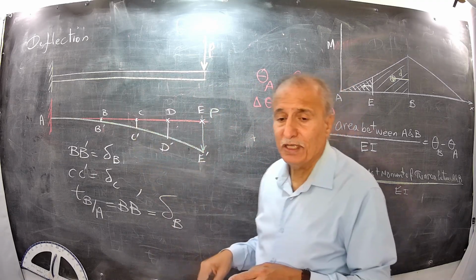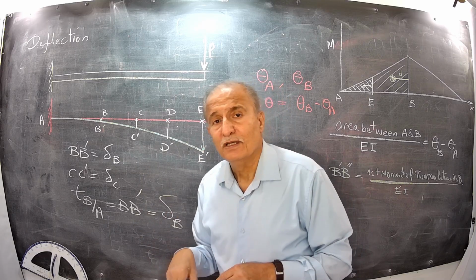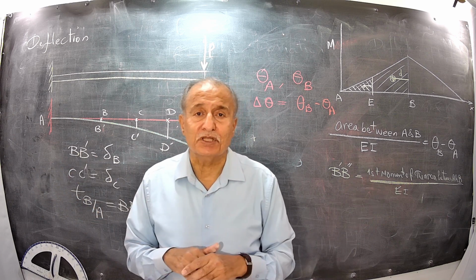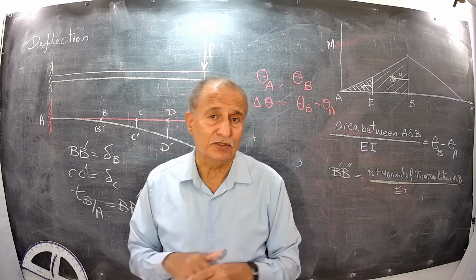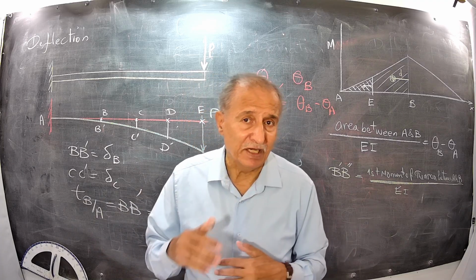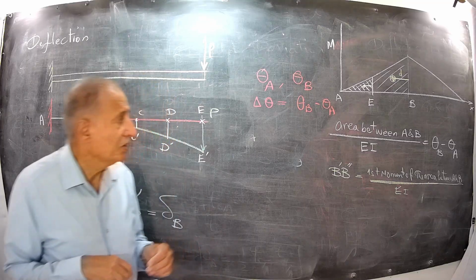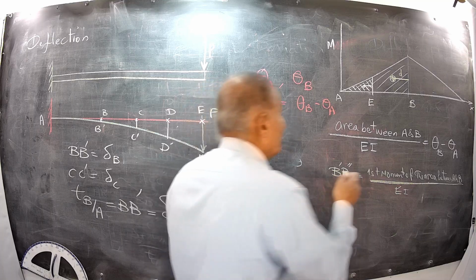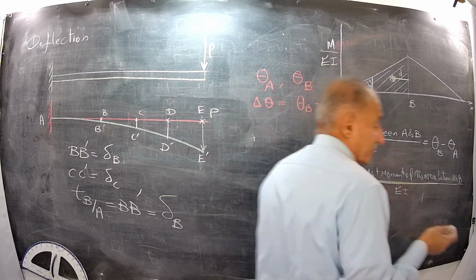The story for the slope is the same, no difference. The area between 2 points gives you the difference between the rotations of the beam between those 2 points. That is the area of the moment diagram over EI. It is better after you draw the moment diagram to divide it by EI and draw another curve.